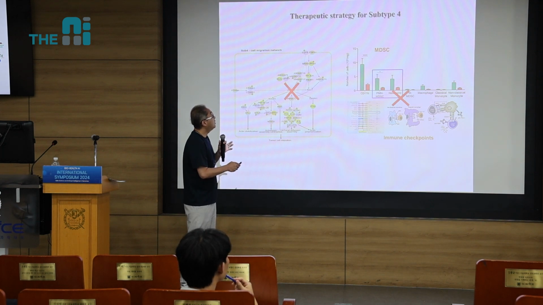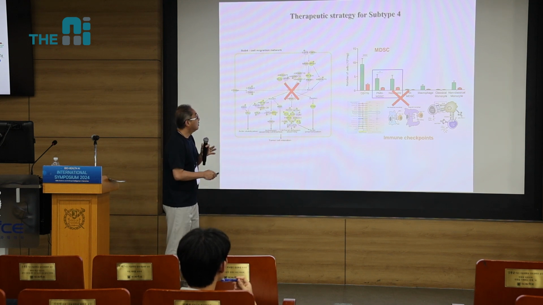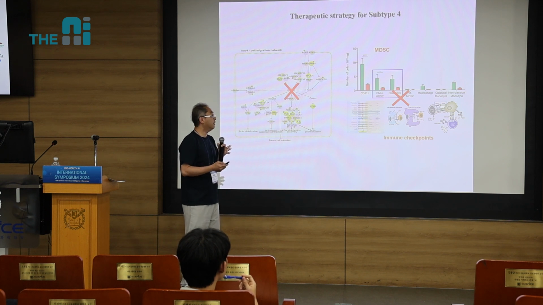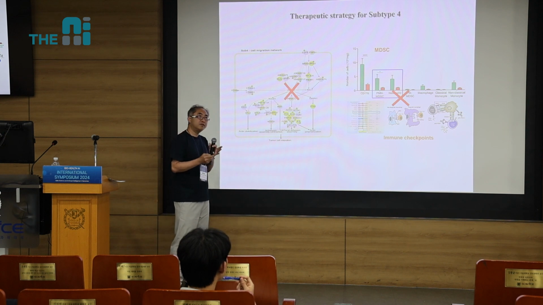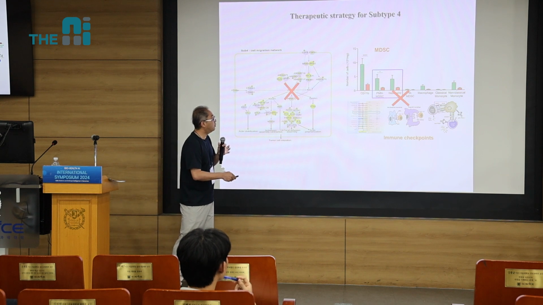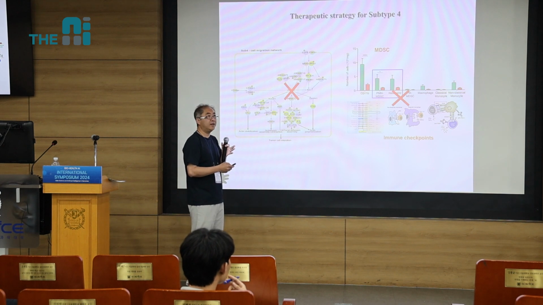And this MDSC, mostly we found they are the PMN, the polymorphonuclear, the neutrophil mostly. Neutrophils got dysregulated, so you expect to see many neutrophil extracellular traps present in these kinds of tumors. And also immune checkpoints get elevated. For example, PVR was highly expressed.